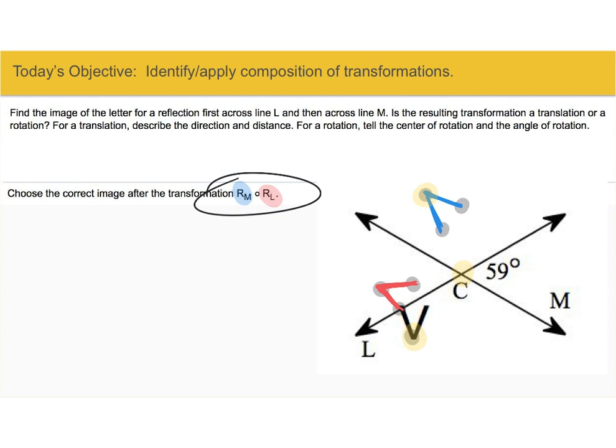Therefore, the angle that I'm making, if I look at the vertex of that V, should be 118. Again, repeating the concept. A composition of reflections, reflecting lines that intersect. You're going to multiply or double the angle created by the two lines.